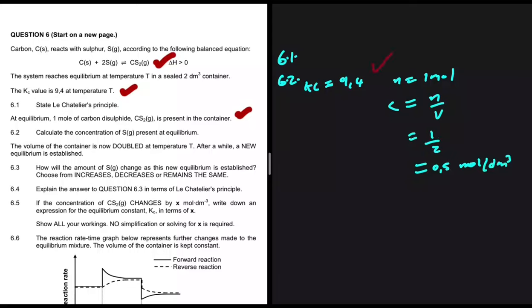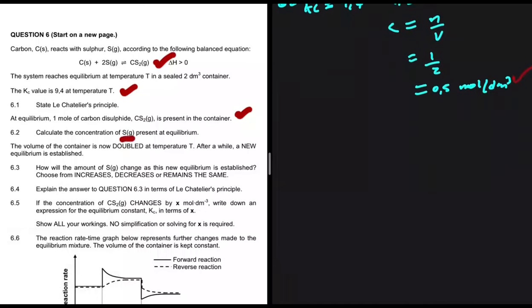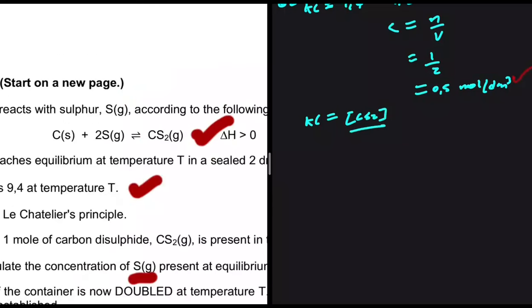So we have the Kc and we have the concentration of CS2 at equilibrium. How can we possibly find the concentration of S at equilibrium? We can simply say that Kc is equal to the concentration of the products, so that is the concentration of CS2, divided by the concentration of the reactants. On the reaction side, we have carbon and sulfur, but carbon is a solid, so we don't include it in our Kc expression. In the denominator, we are only going to have sulfur to the power 2. Where is the power of 2 coming from? The balancing coefficient.